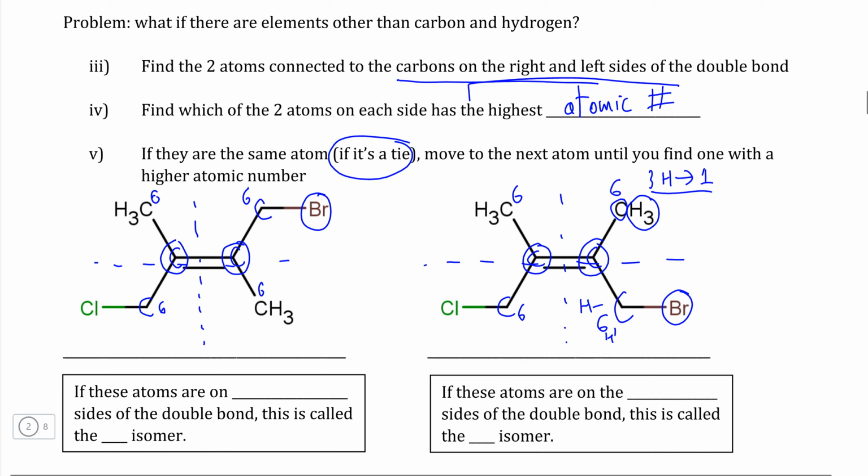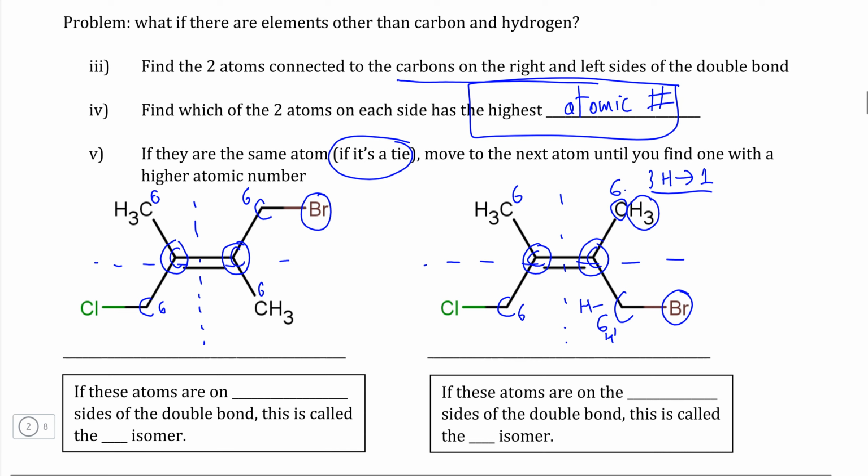So once we find the side that has an atom with the larger atomic number, this is the quote-unquote dominant side that we're going to look for. So instead of simply looking for the longest carbon chain, we're going to go along each side of the double bond until we find an atom that has a higher atomic number than the same position atom on the other side here.